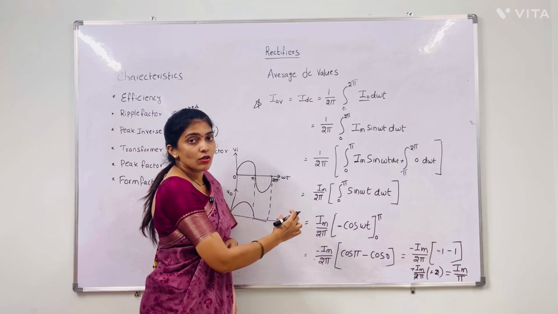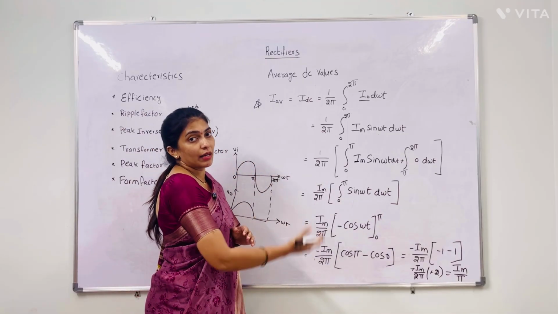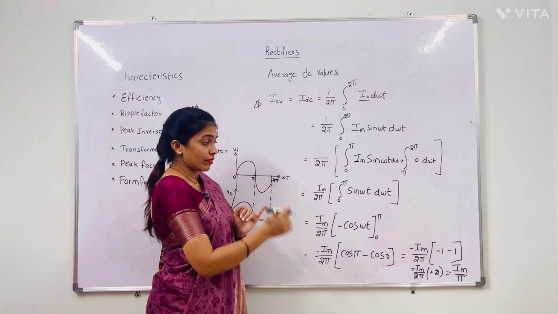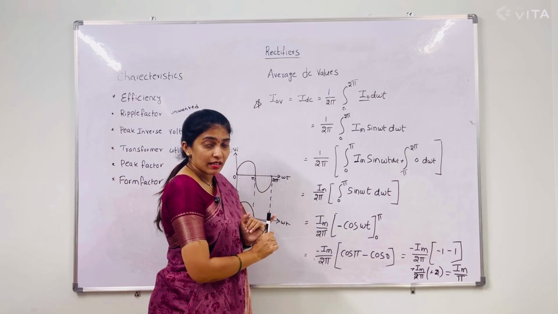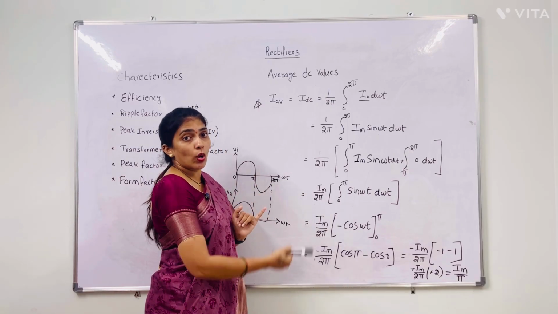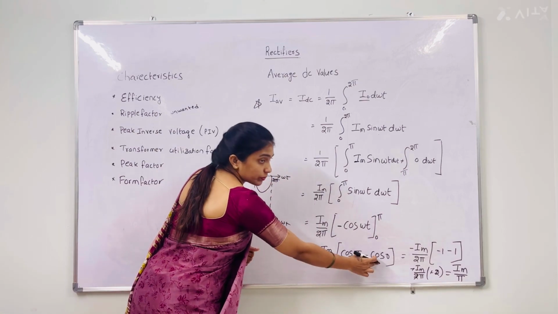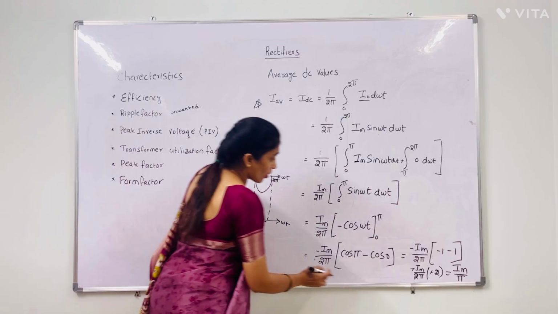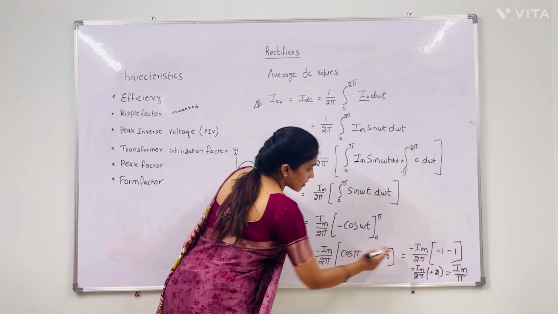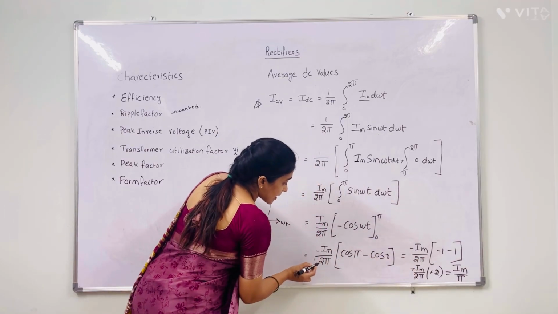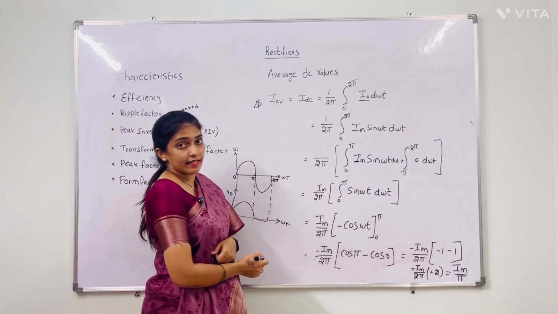For this, we apply the upper limit minus the lower limit: cos pi minus cos 0. So we have minus Im by 2 pi as it is.